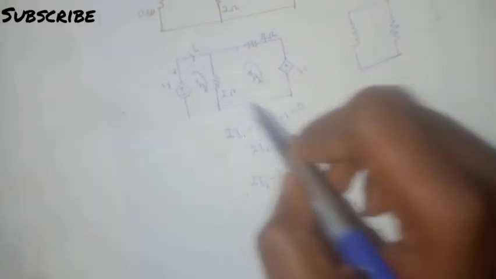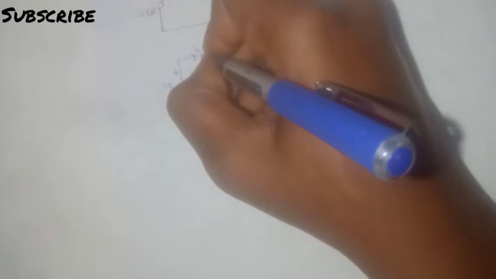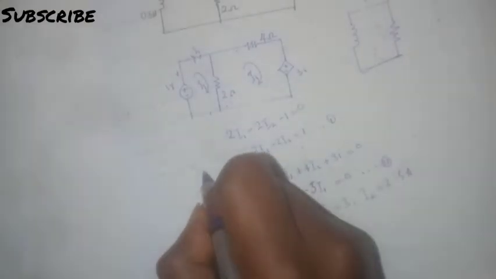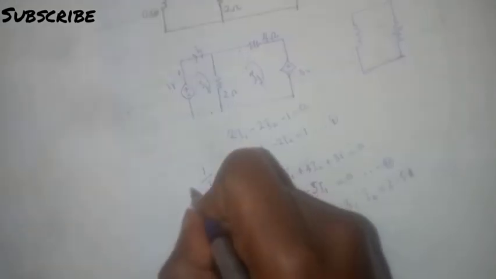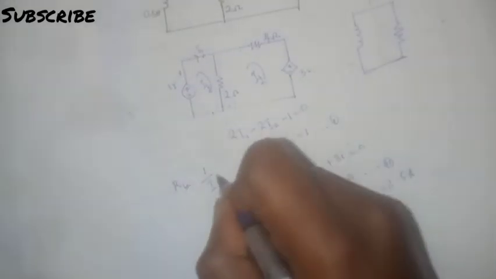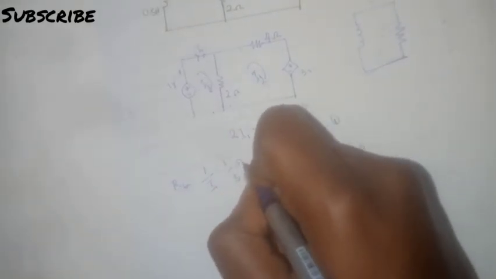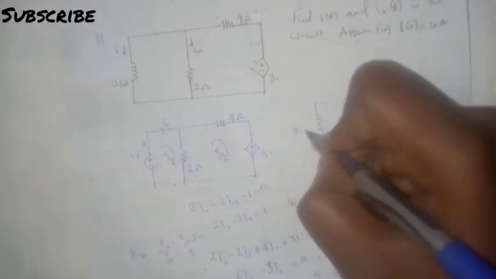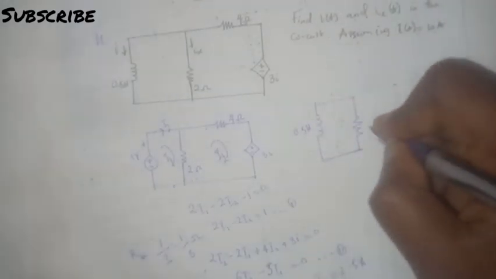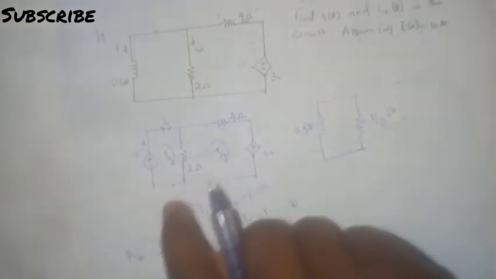The Thevenin resistance of this entire circuit across this point would be 1 over I1, that is voltage over current. So that would be 1 over 3 ohms. So we can come here and say that we have 0.5 henries on this side, and we have 1 over 3 ohms on this side.